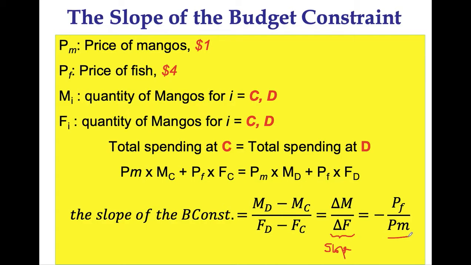So the slope of the budget constraint is actually a division of the prices of the two goods we have in this model.